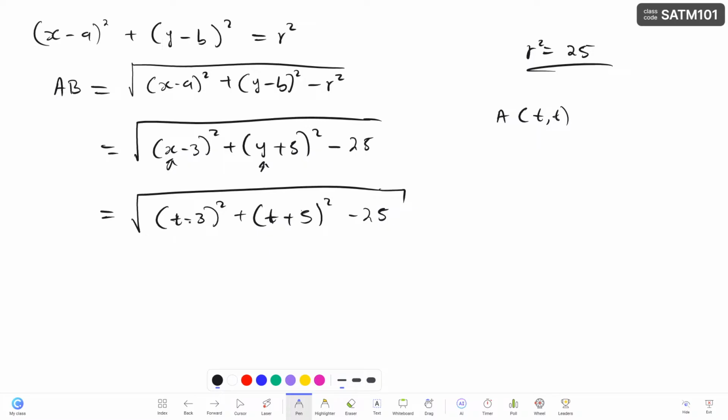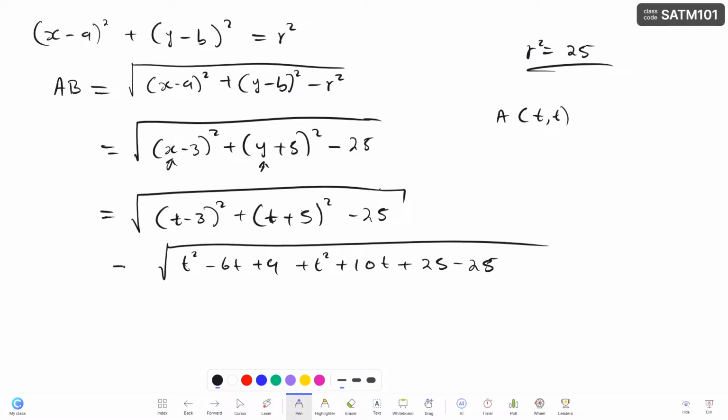Then simplifying this is going to be t squared minus 6t plus 9. Then this one is going to be plus t squared plus 10t plus 25 minus 25. Then let's put the square root here. This and this is going to be 2t squared. This one and this one is going to be plus 4t.